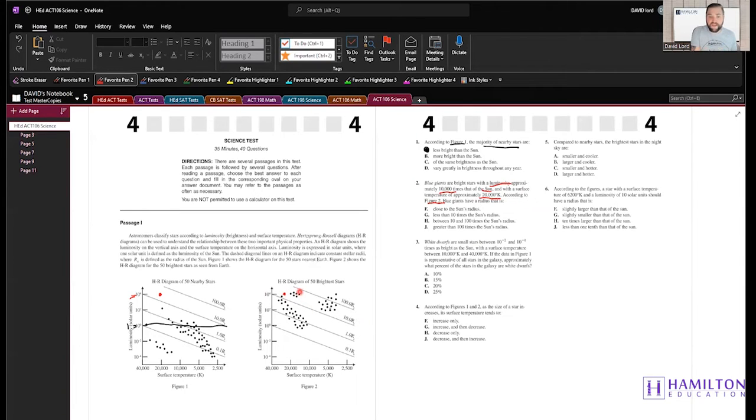Looking at these axes, I can see that it's between 100R and 10R, where R is the radius of the sun. Let's see if we have an answer choice that matches that. F, close to the sun's radius, that'd be about 1, so it's definitely more than that, because that'd be along this line. Less than 10 times the sun's radius would be below this dotted line, which it's above. Between 10 and 100 times the sun's radius, that's exactly what we're looking for. So the answer is H.